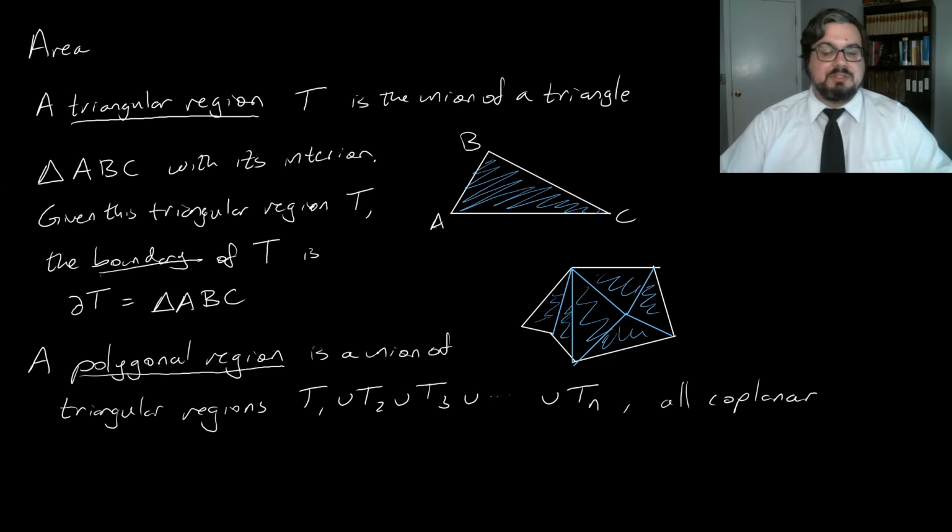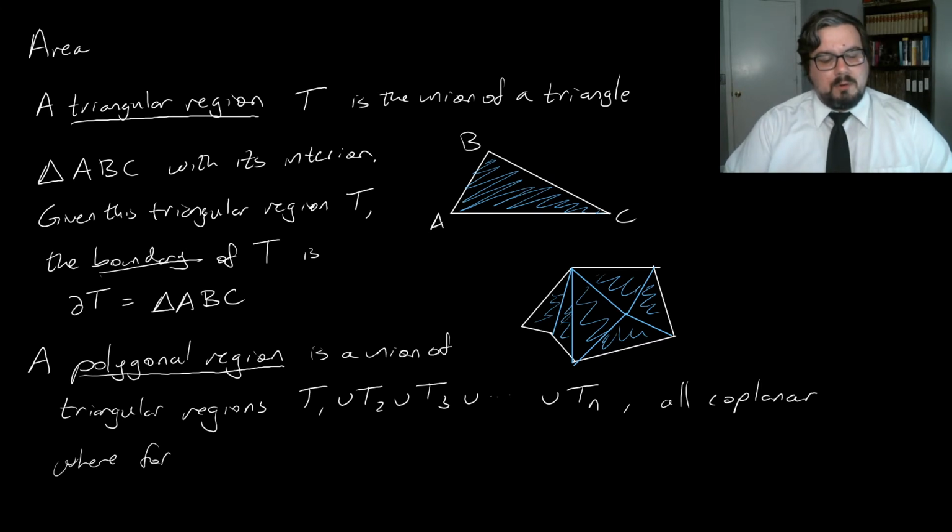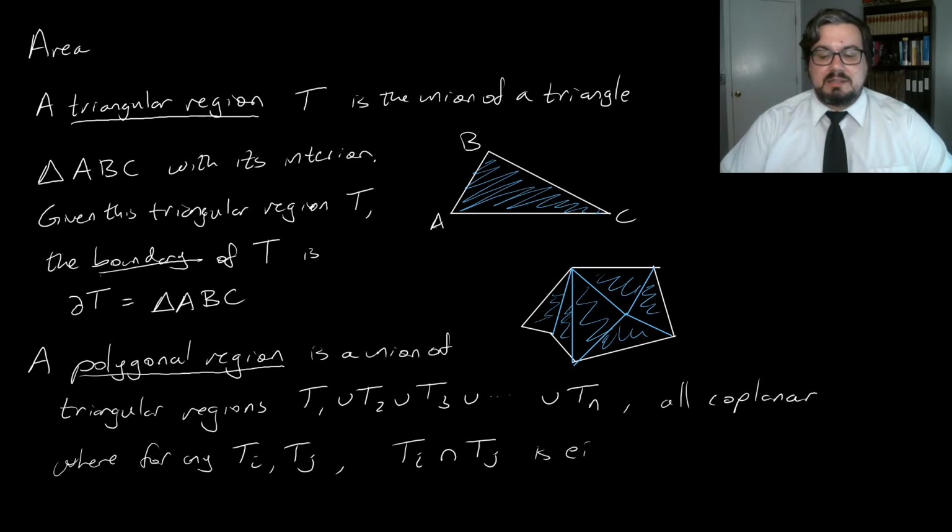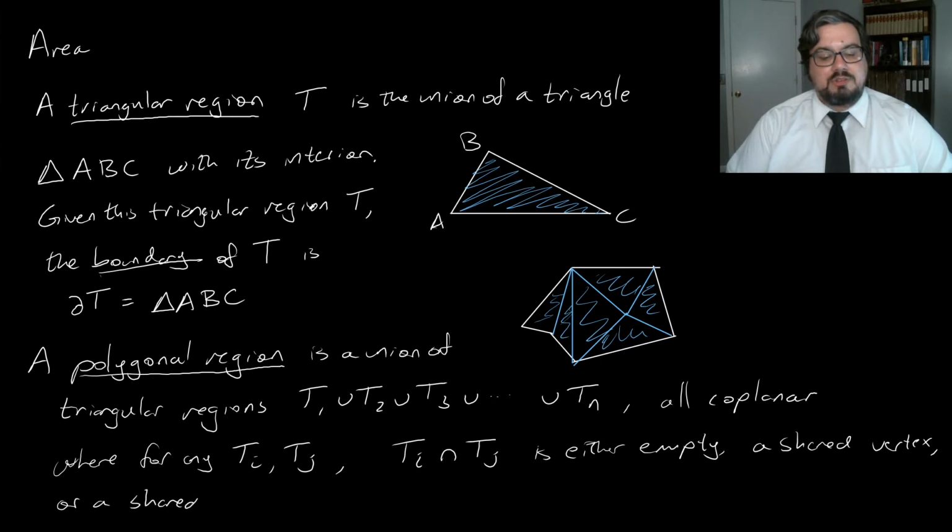Our polygonal regions need to lie in a single plane, where for any Ti and Tj, the intersection of the two is either empty, a shared vertex, or a shared edge.